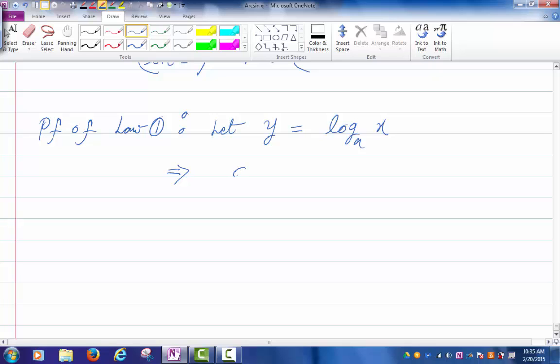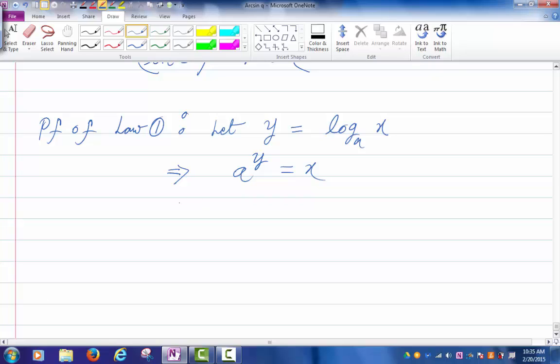I can say that a to the y is equal to x, right? Because the exponential and the log base a are inverses. In other words, you're raising the base a to y to get x. Everybody's cool?